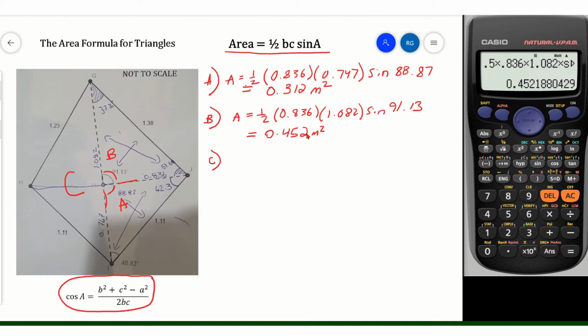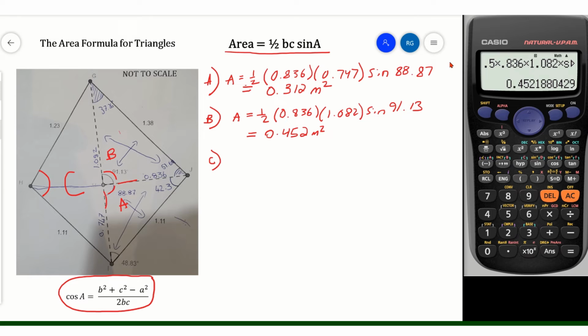So let's say we're looking for this angle here, and we're going to use the cosine rule for angles to find this angle. You've got to make sure that you treat this as the included angle between 1.23 and 1.11. So that's going to be your b and your c, and your a is going to be this total here.